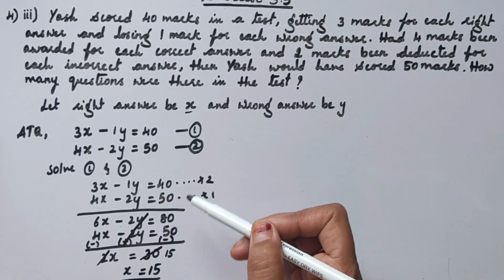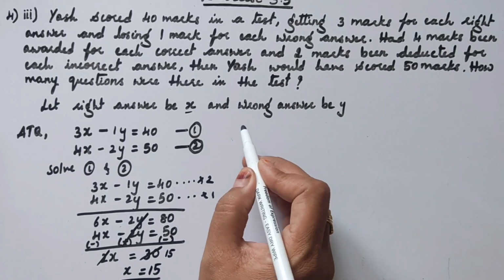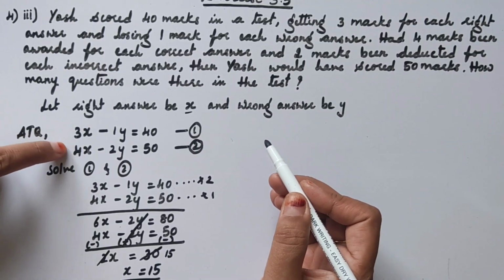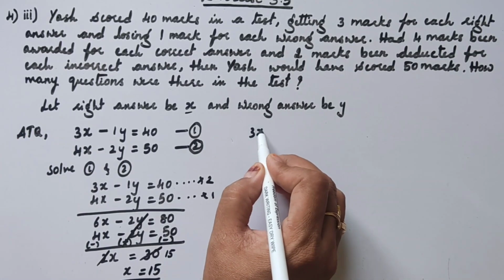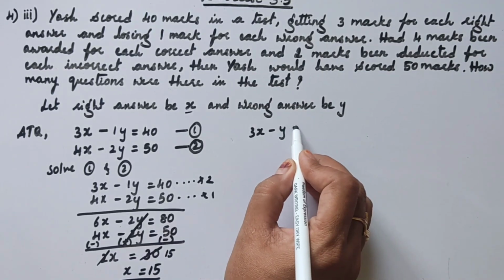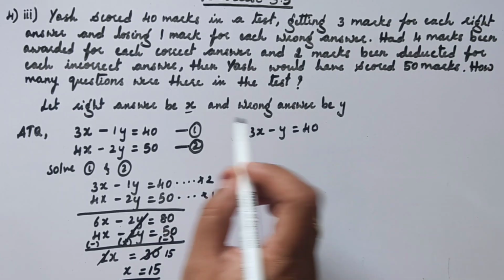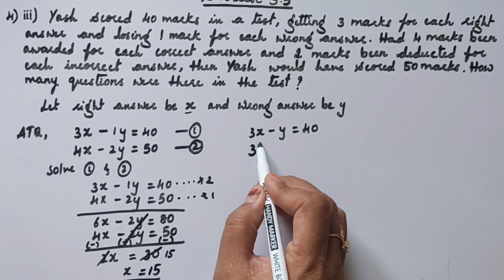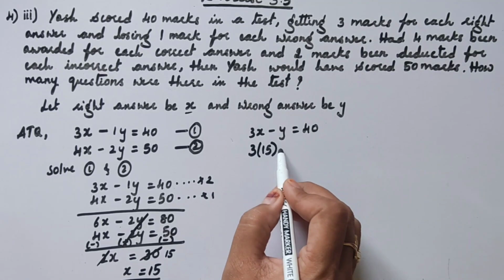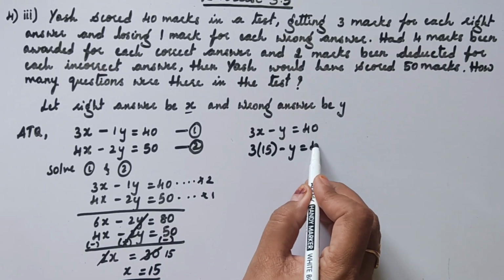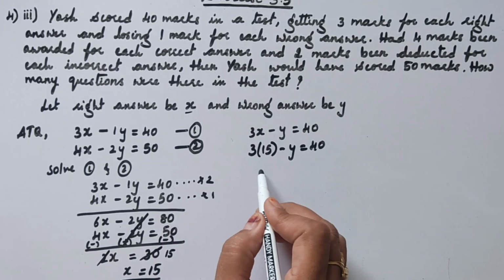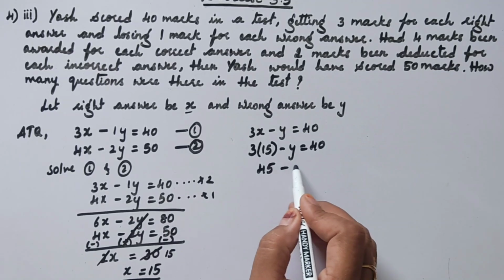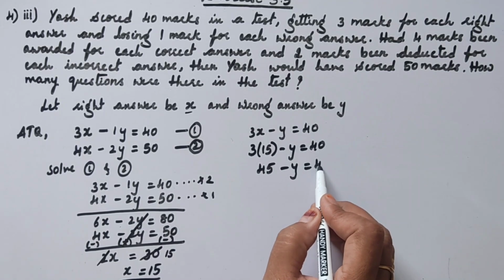Now let me find out the value of y. I can take either of these two equations. I'll take the first equation here, 3x minus y equal to 40. So 1y is nothing but y itself. Now 3 into x value, which is 15, minus y equal to 40. 15 threes are 45, minus y equal to 40.